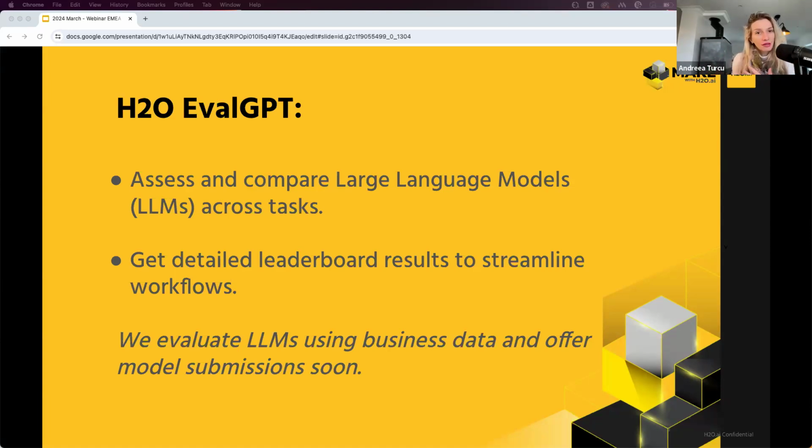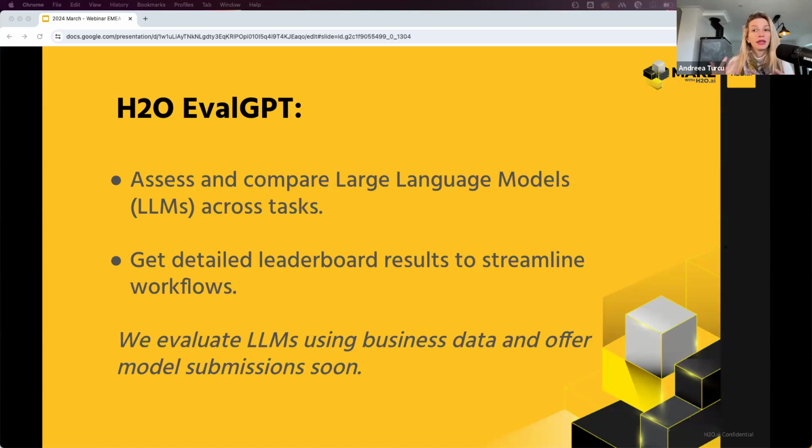To give you a bit more context about H2O EvalGPT, this is a tool that is designed to assess and compare LLMs, and it assesses the performance across various tasks and benchmarks. Whether you aim to streamline workflows or tasks using LLMs, such as considering bank reports or addressing inquiries, and these are just some use cases that we are developing, H2O LLM EvalGPT offers an in-depth leaderboard that we are going to discover together, featuring popular, open source, high-performing LLMs.